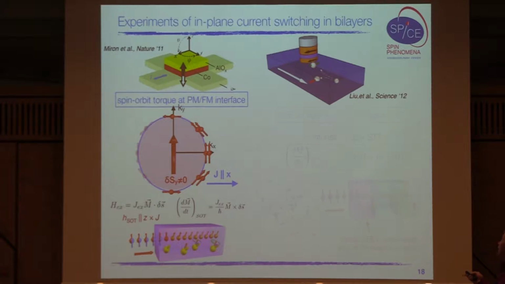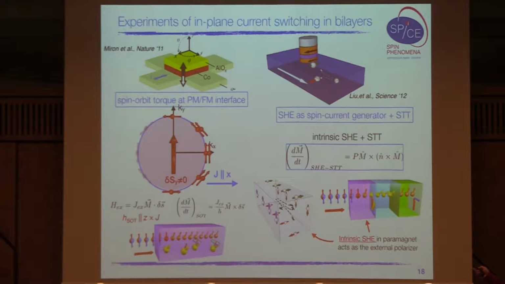But in this case, you run the current, and the interpretation of the Cornell group, Van Roth's group, was that the torque is primarily assigned to the anti-damping component, which you can see is of a Slonczewski type. They said the only physics that can give me that is by assuming that I'm generating a spin current due to the spin Hall effect flowing in here and being absorbed by the ferromagnet, and that gives me the torque itself.